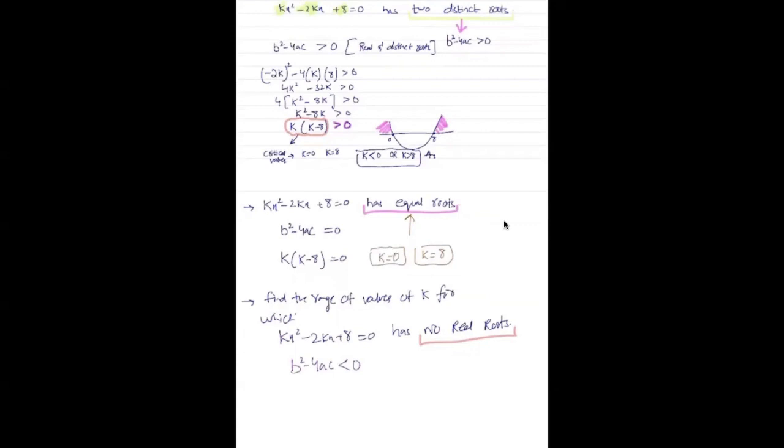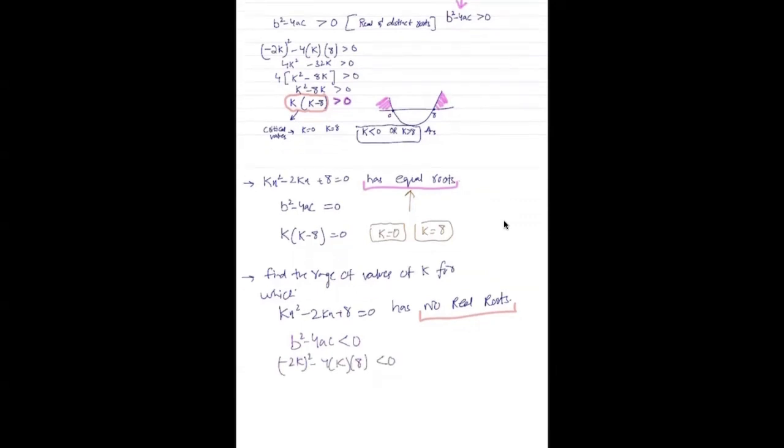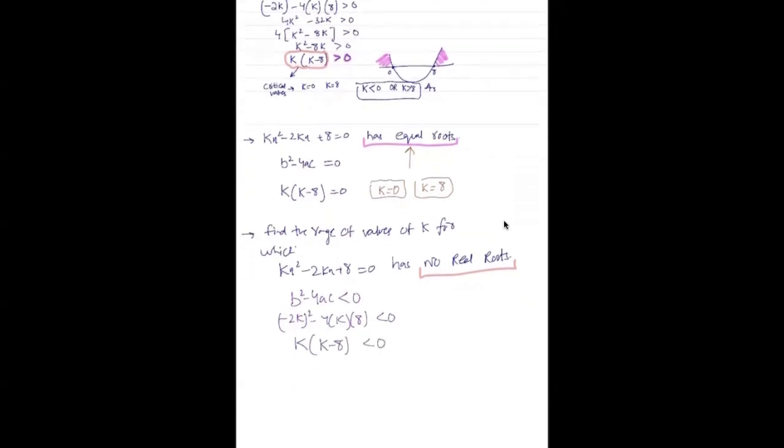So if I would have plugged in the values of b, a, and c, I would have gotten the same equation, right? If I would have simplified this, I would have ended up with this. I know what my critical values are, right? You have already told me. But this time the inequality is different.